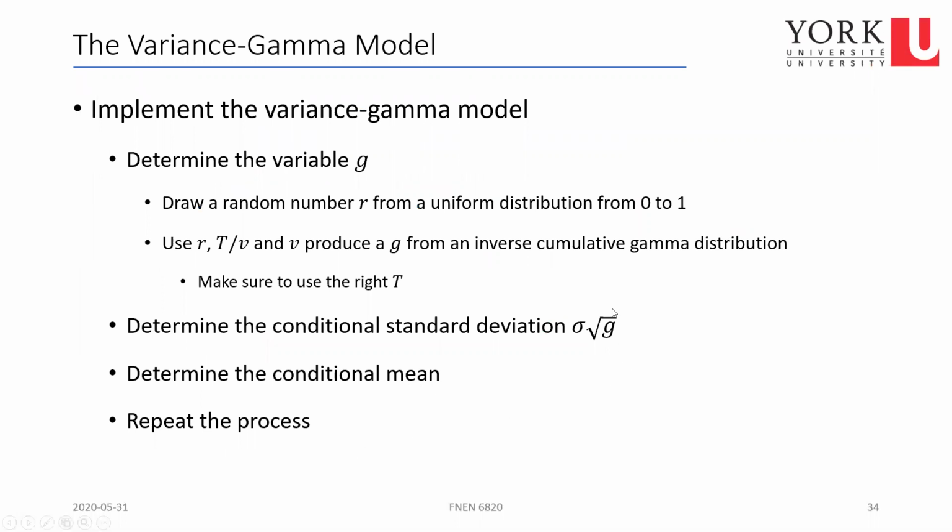Every time you have to first determine the G in this process. And when you have the G, you then have another conditional normal distribution with a different mean and a different variance, and that's where you draw for another random change.